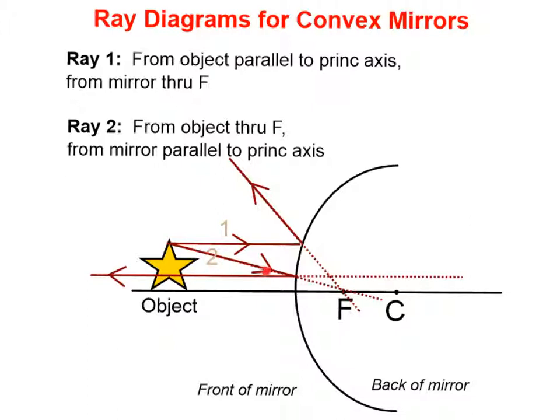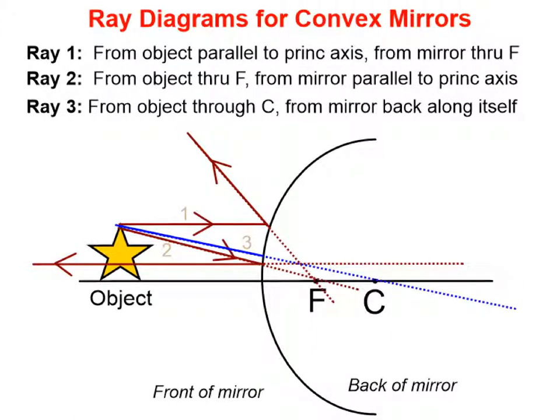Of course, this is real light that is traveling here, and this is going to be a dotted line because this is behind the mirrored surface going through F. The second part of that ray will be this reflected ray right here, and that will be reflected parallel to the principal axis from the mirror. That is ray 2.